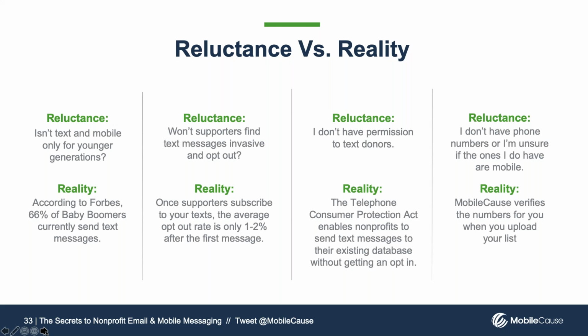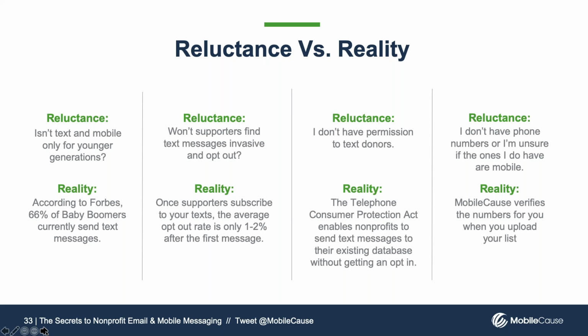But in reality, according to surveys, 66% of baby boomers currently send text messages. They're worried that their supporters might find text messages, something usually so personal to their friends and family, to be invasive and opt out. But again, the reality is once supporters subscribe to start receiving your text messages, the average opt-out rate is typically only 1 to 2% after you send that first text message to them.